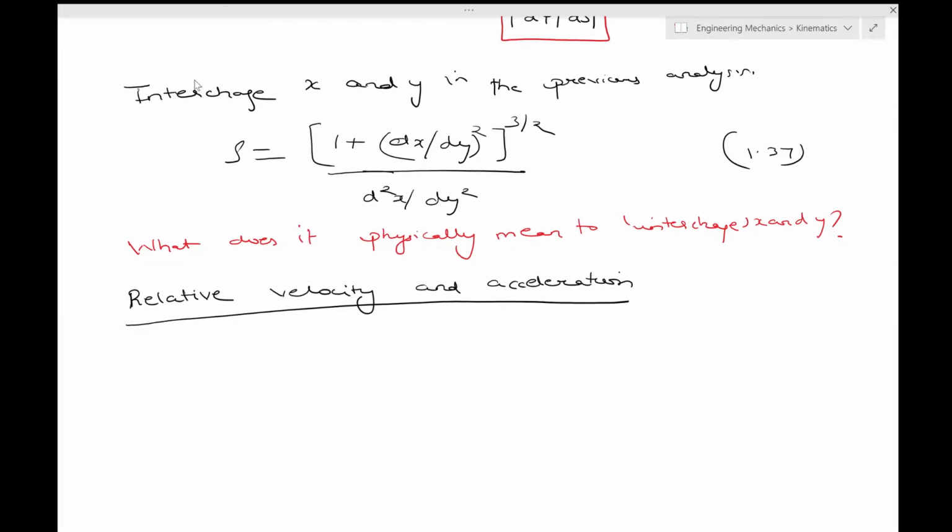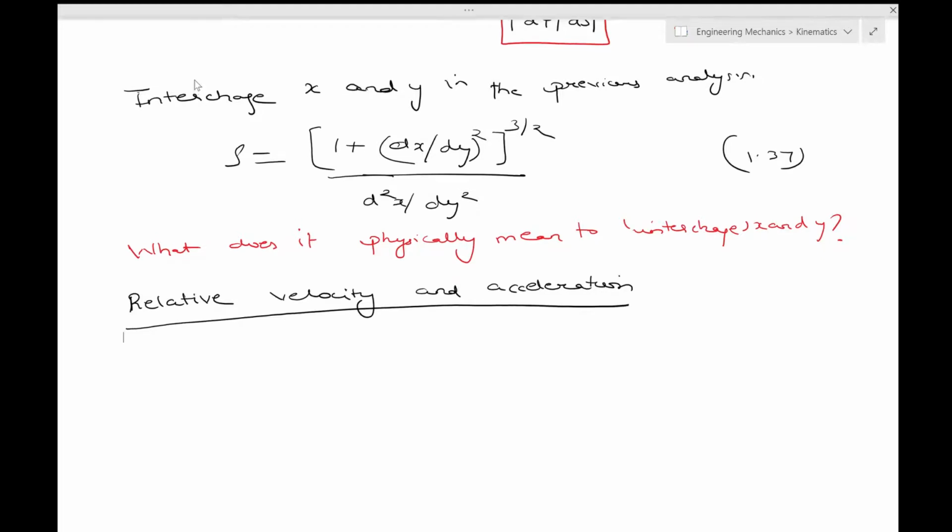We now discuss the concept of relative velocity and acceleration. Obviously this is all with respect to a material point. Okay, so let's see the definitions of it.